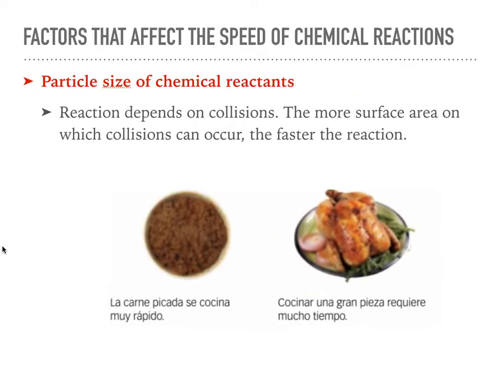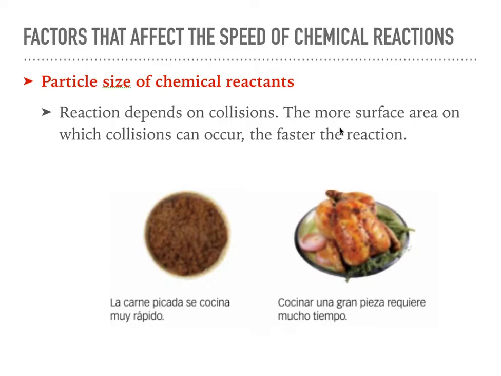And finally, the particle size of chemical reactants. You know this because, of course, you have seen someone cooking, or I hope you have cooked sometime in your life. The more surface area on which collisions can occur, the faster the reaction.